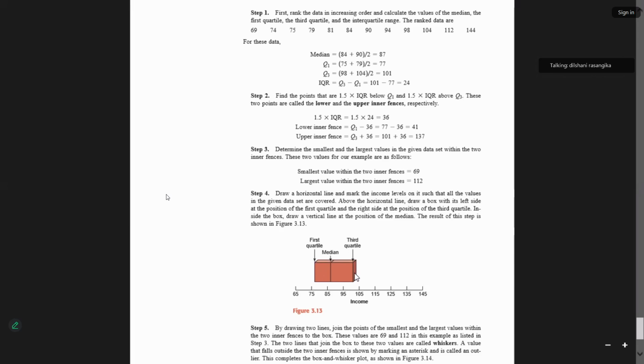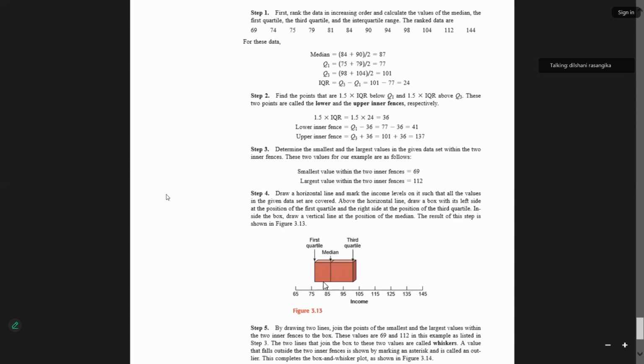Then I need to mark the third quartile. Sorry, the third quartile is 101, right? I can mark it. Then I need to place the median. Median is 87, right? Then I draw this line.